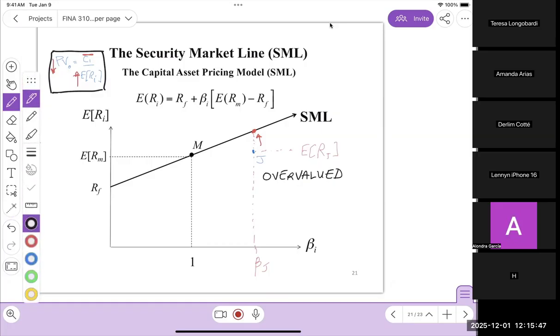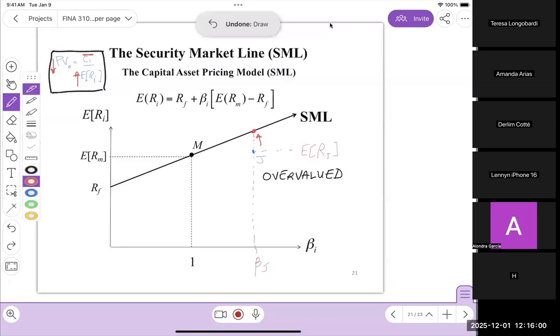What about stocks or assets that are above the line? Oh, sorry, I'm going to use a different color. What about this asset K?